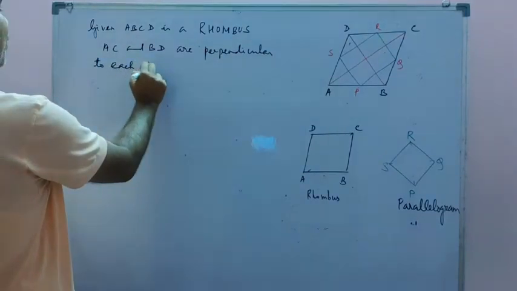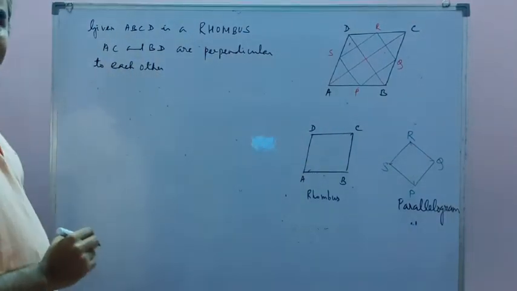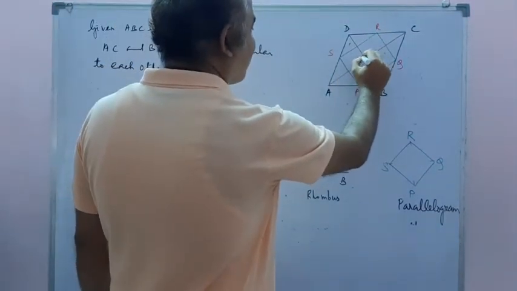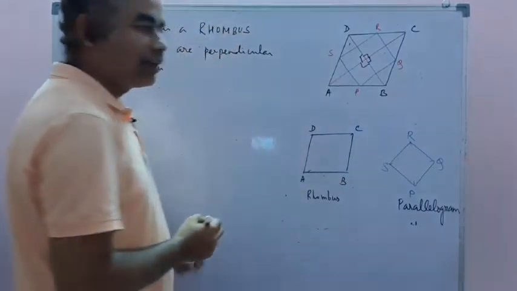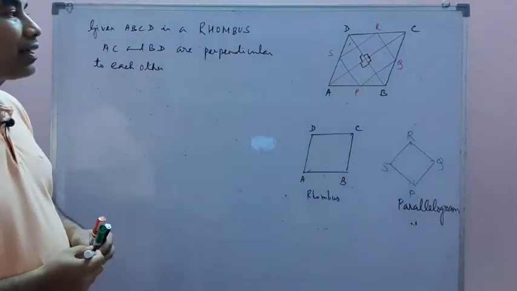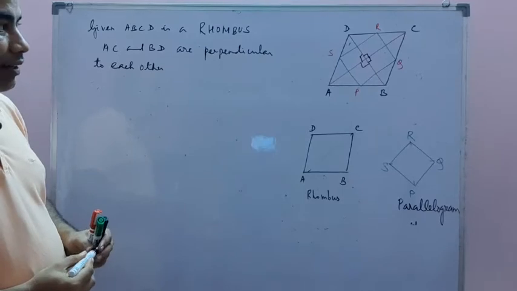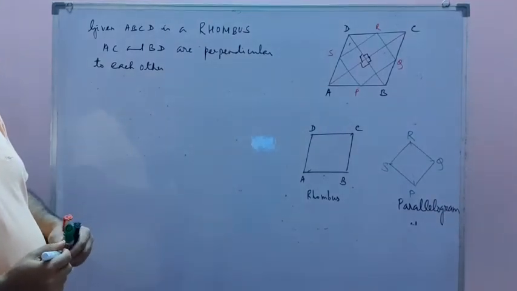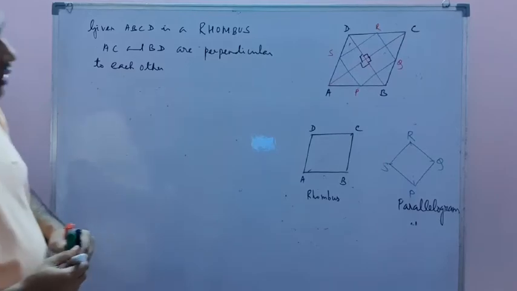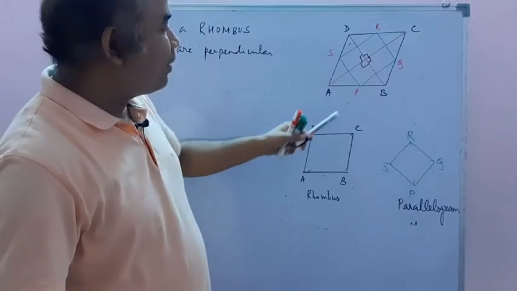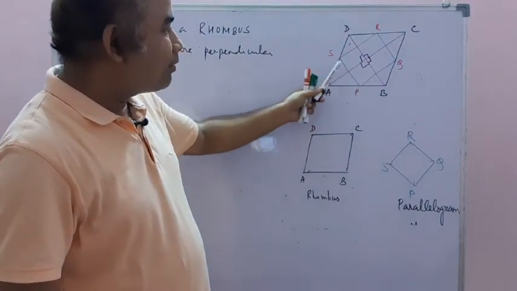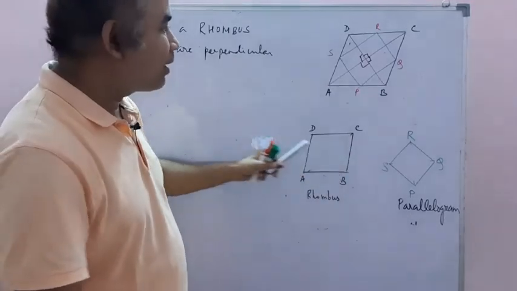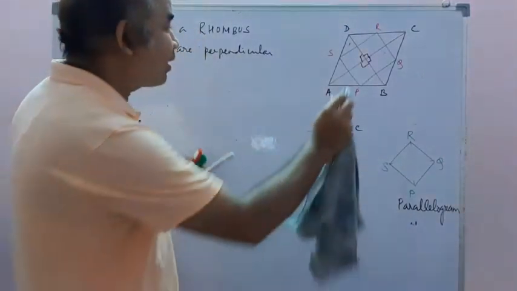That means these angles are 90 degrees. Clear? These angles are 90 degrees here. So now let us do one thing here. We already discussed that PQRS is a parallelogram. Let me clear it like that.